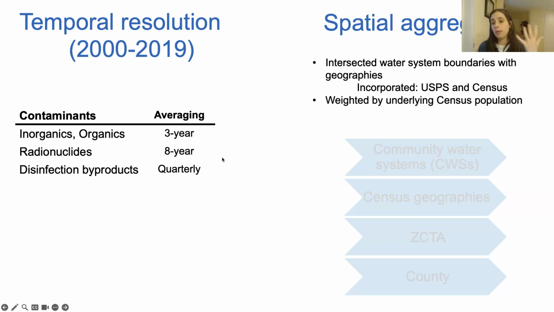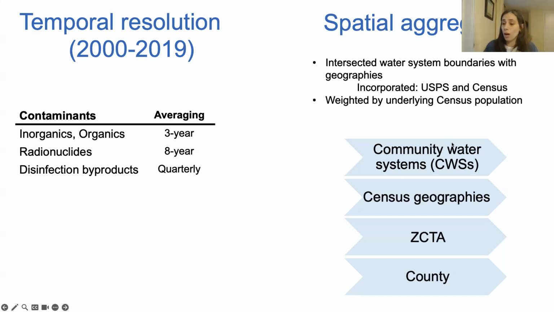To spatially aggregate, we've intersected water boundaries with different census geographies. We've incorporated, for ZCTAs especially, US Postal Service and census data, and we weight by the underlying census population. So when we aggregate to a tract or we have blocks, we're weighting the contribution of each water system to the tract by the number of people served by that water system.